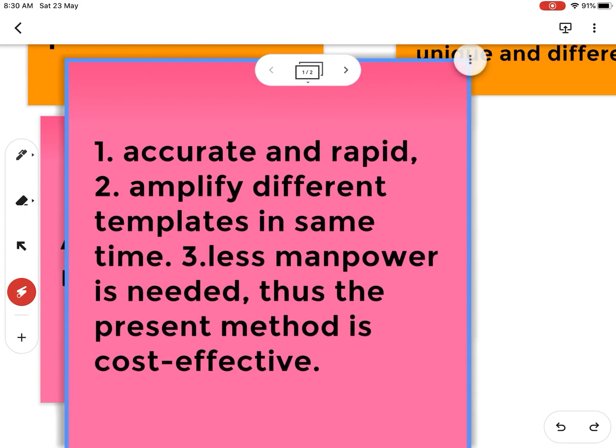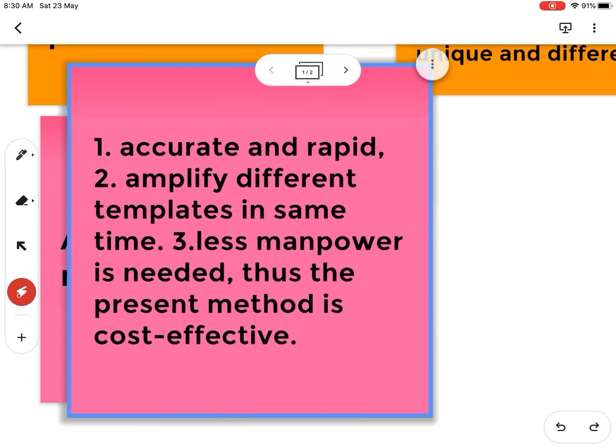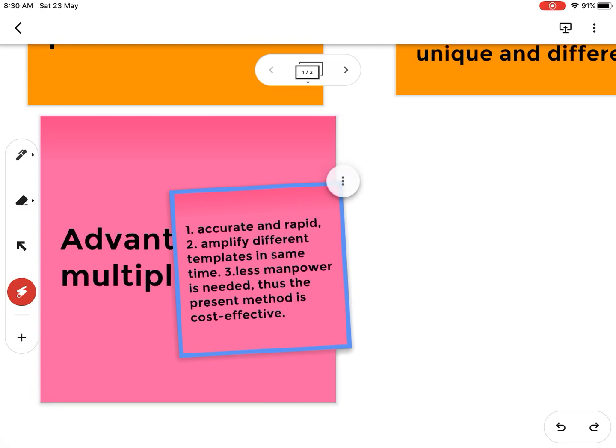One of the advantages is that it is a very accurate and rapid method. The present method, that is the modified method, is very accurate and rapid, and it amplifies different templates at the same time. Also, less manpower is needed. Thus, the present method is cost effective.